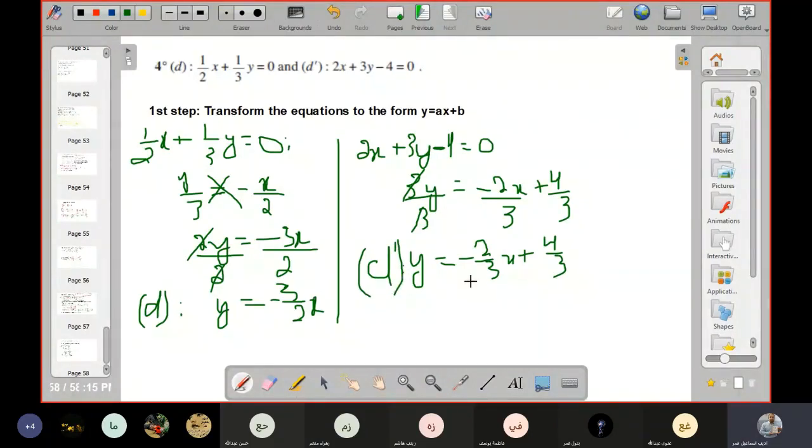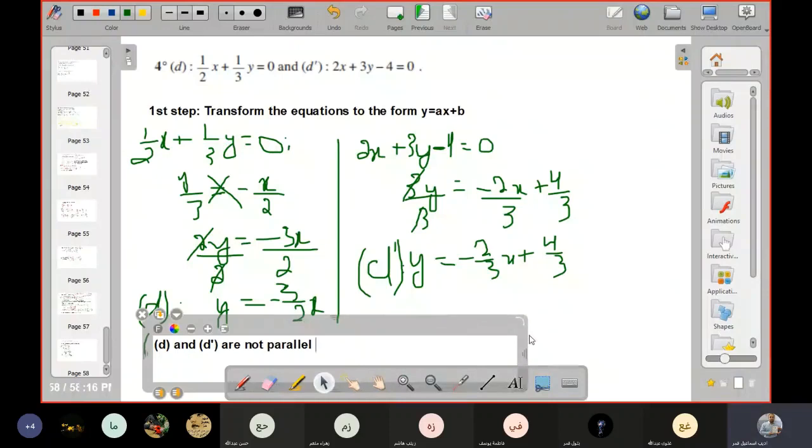Now, are the two slopes equal? No. So we say D and D prime are not parallel: the slope of line D does not equal the slope of line D prime.